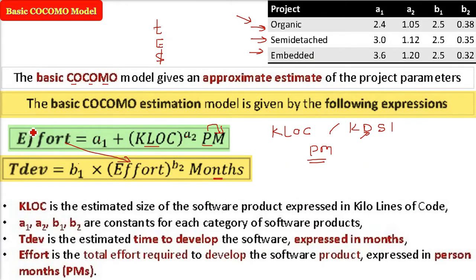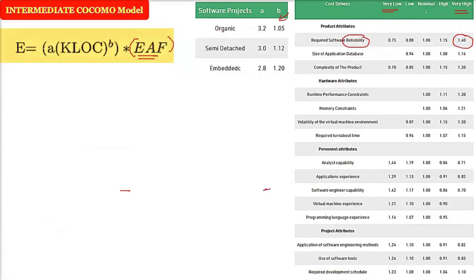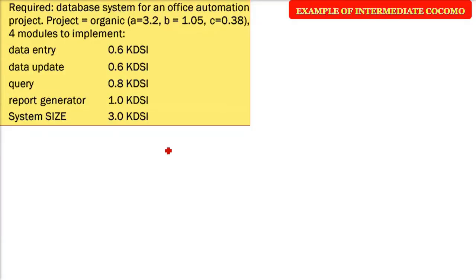This was the basic COCOMO equation for effort and time of development: A1, A2, B1, B2. But in the second version, the intermediate COCOMO, only A and B are there. A is slightly changed, B remains the same.